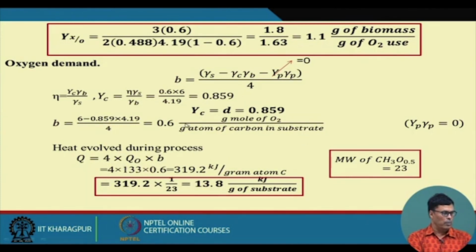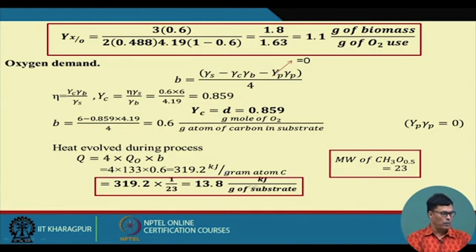So now, what is the heat evolved in this reaction? It is equal to 4 into Q0 into B, that is 4 into 133 into 0.6, that is around 319.2 kilojoule per gram atom substrate.